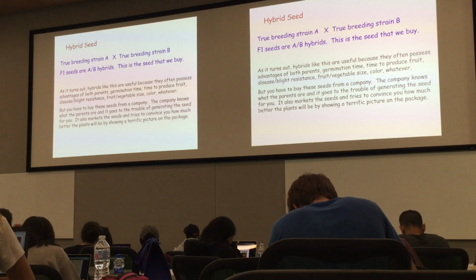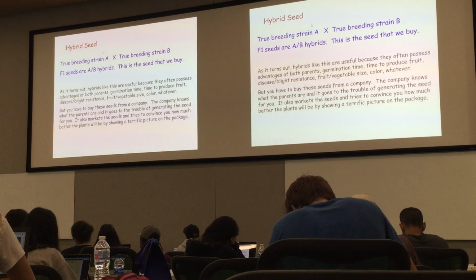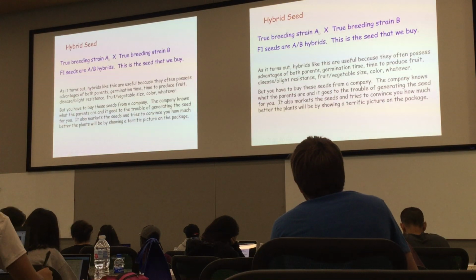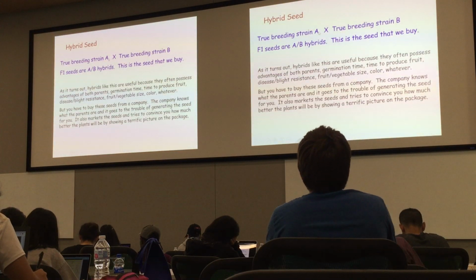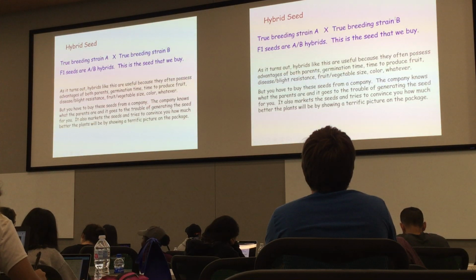Basically, what these companies do is take a true breeding strain of some plant, which has certain qualities, certain properties, and a certain set of alleles, it's homozygous, and cross it with another true breeding, inbred strain that has certain qualities or properties.